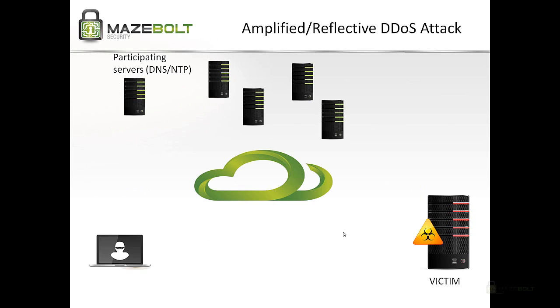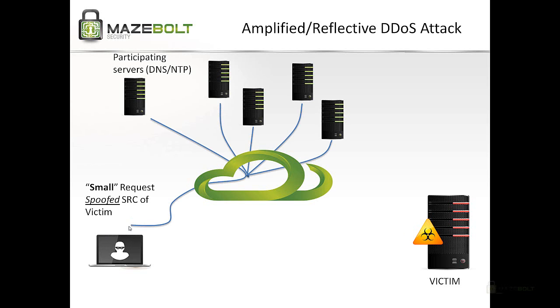So now that we've looked at NTP, let's have a look at what a reflective and amplified DDoS attack is. Our malicious attacker over here is going to first send a small request to the servers.